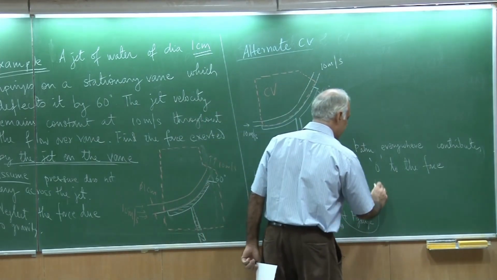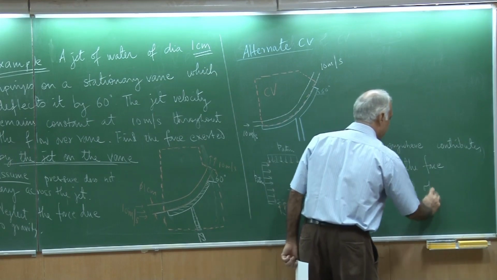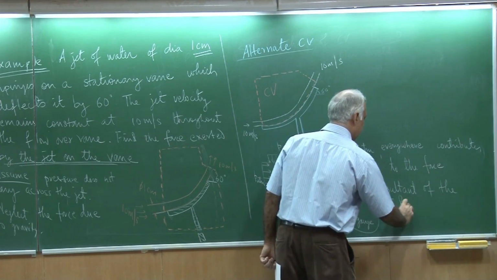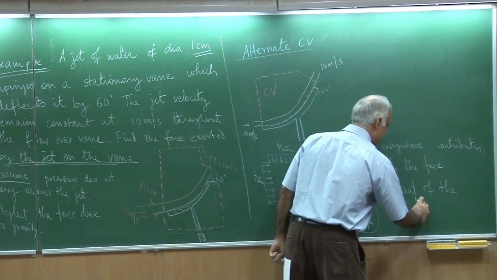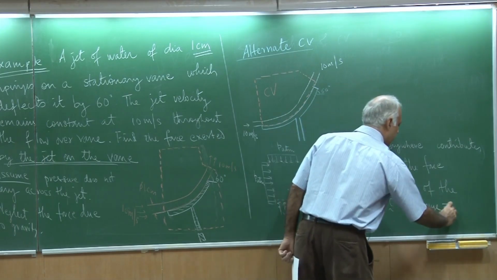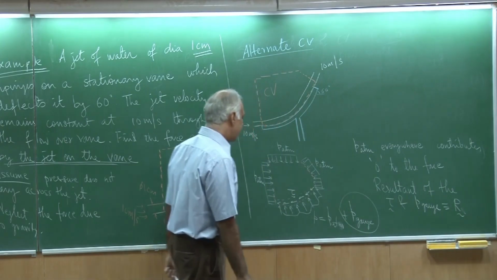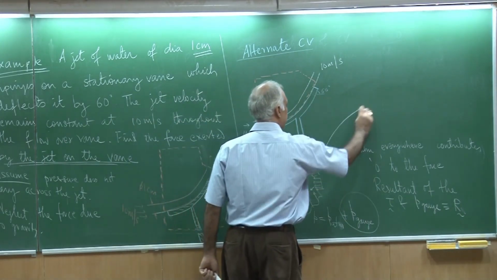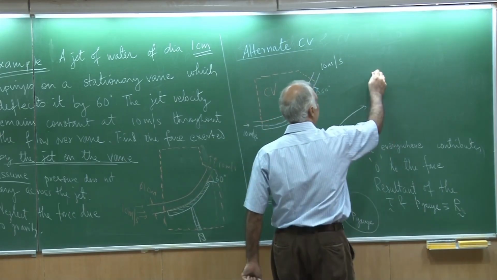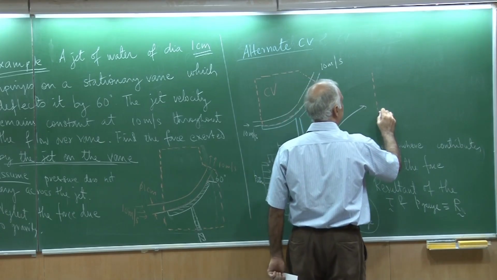Now, I could say that the resultant of the tau and P gauge corresponds to the force R. So, I will say that this is now the simplified force distribution here.